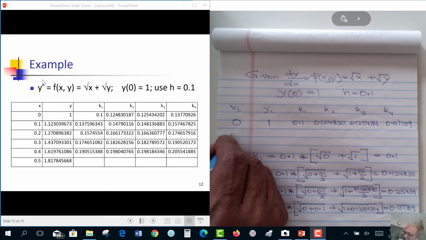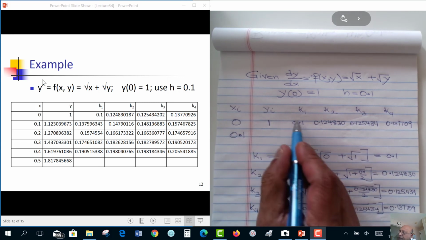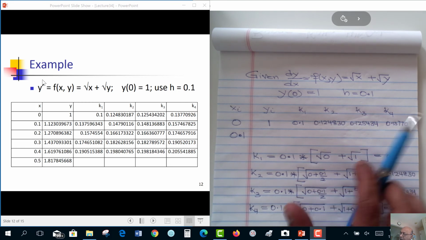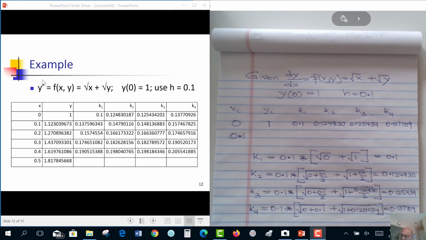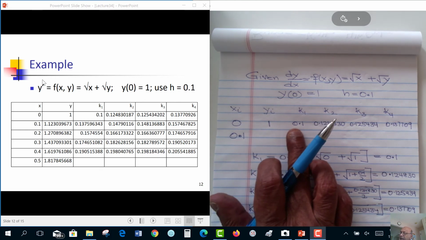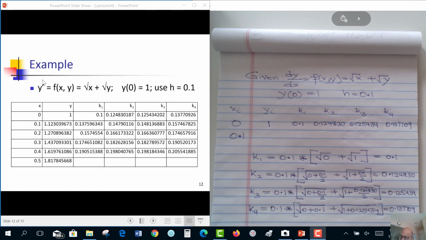Okay. So at x is equal to 0.1, we are going to do a weighted average. So 1 unit of weight to this, 1 unit of weight to this, 2 units of weight to these. So 0.1 plus 2 times 0.12483 plus 2 times 0.125434 plus 0.137709 divide by 6, and we add 1 to it.